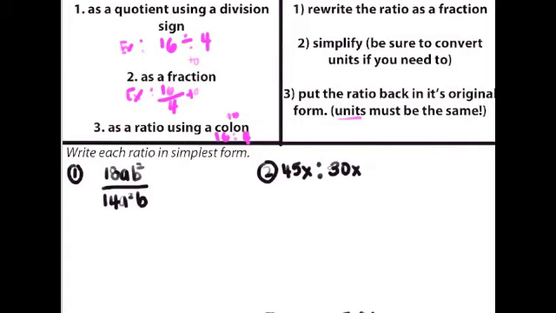Step 2 is to simplify and be sure to convert units if we need to. Looking at number 1, do you see any units of measurement, like time, length, or weight? No, it's just a regular fraction, so there's no worry about converting anything, just simplify. We know how to do this already.